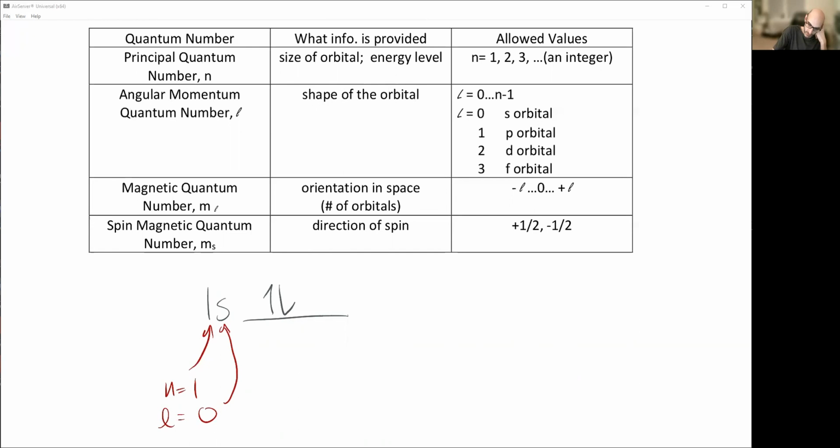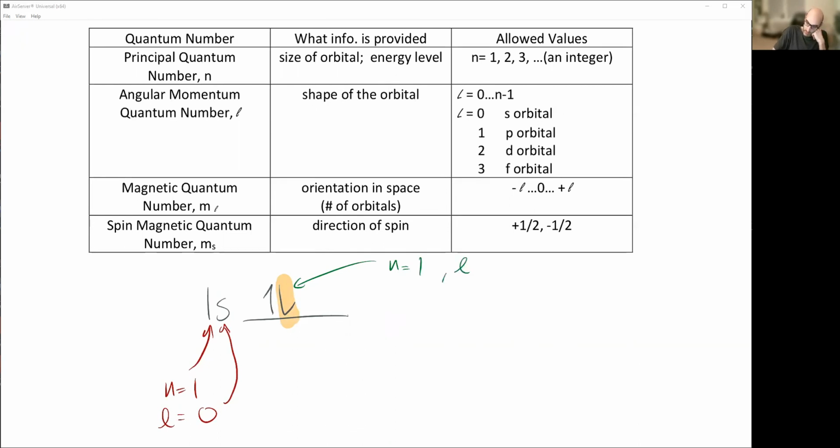So if we take a look at 1 electron, so if I isolate this electron right here, okay? This electron has its own set of quantum numbers. And this is essentially how we're going to be doing this in the future. In fact, we're going to be doing it shortly. So if this is the electron right here, what is the n value for this electron? Well, it sits in a 1s orbital, so it has an n equal to 1.